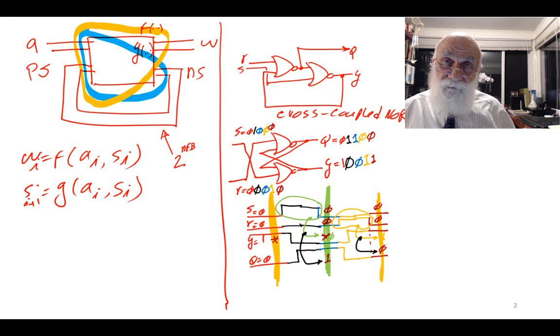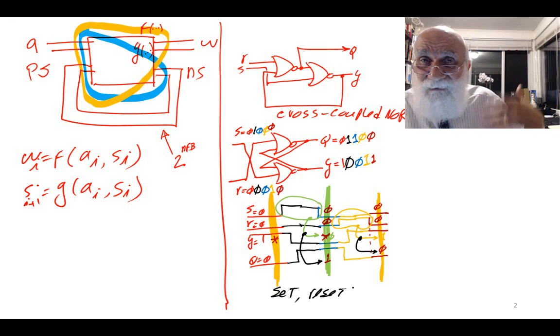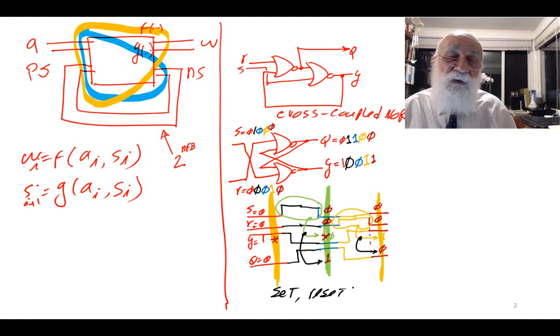S is for set. R is for reset, and I just built a set-reset latch, a circuit that latches whether the last pulse came in on S or the last pulse came in on R.